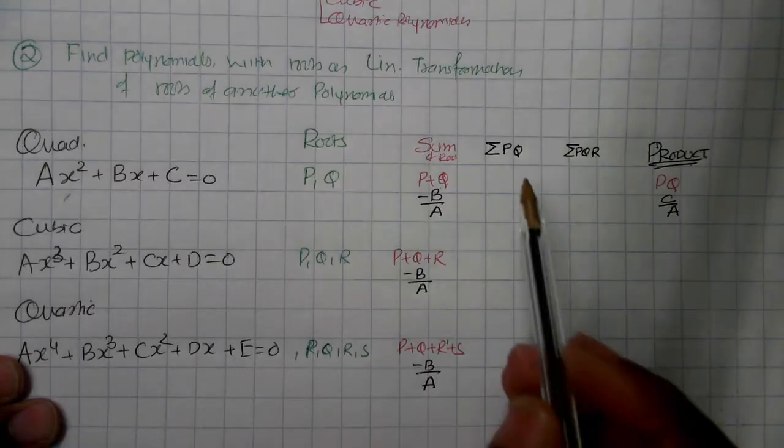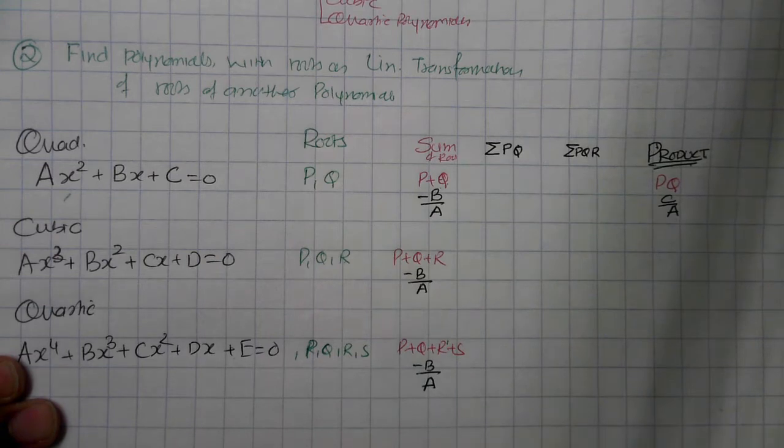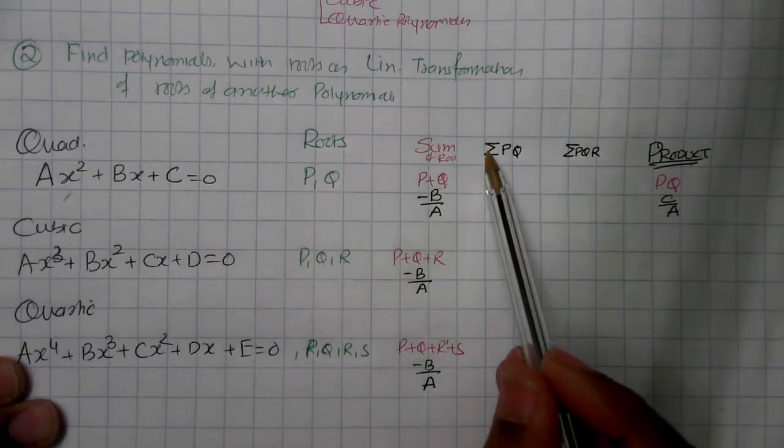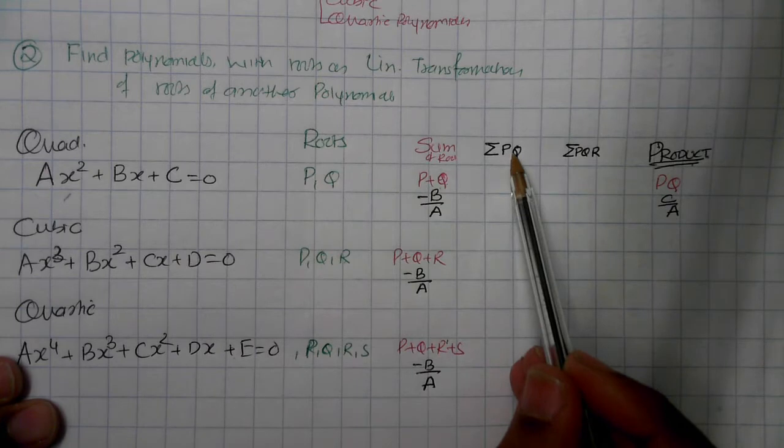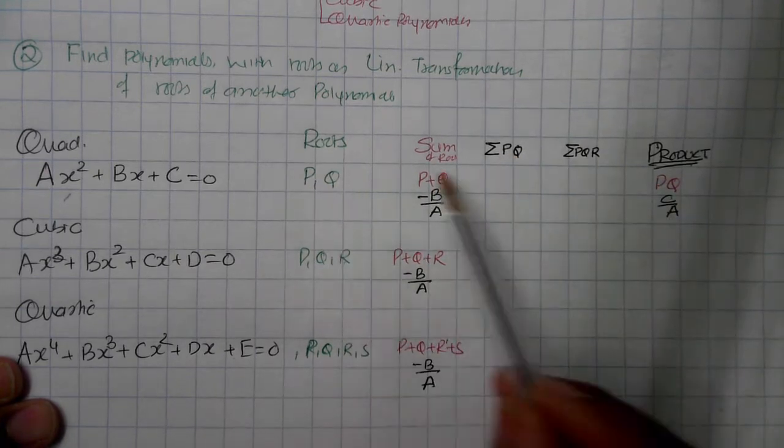Okay, so I'm going to try adding, this is what I write as the sum of products of two, two at a time. There are only two roots for quadratic, so we've done that.